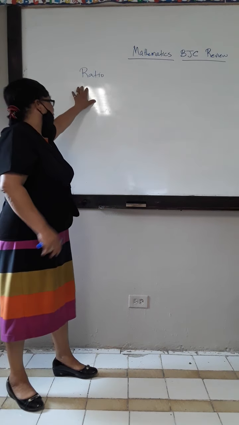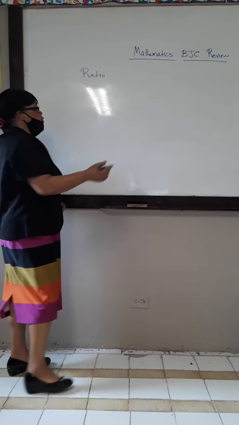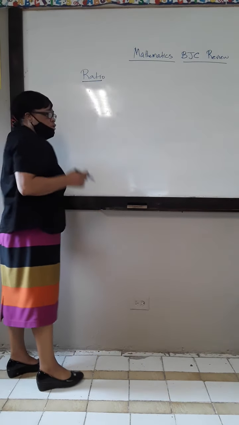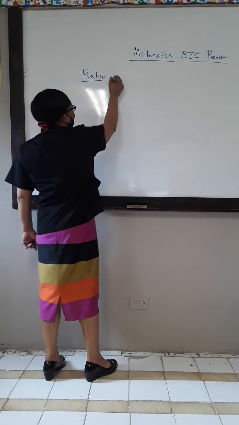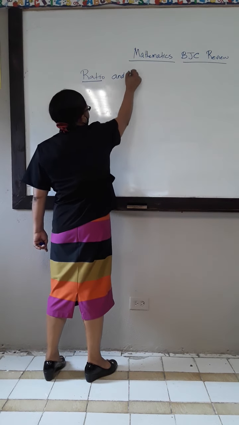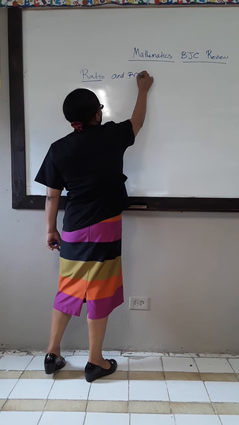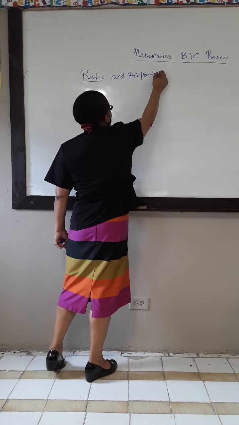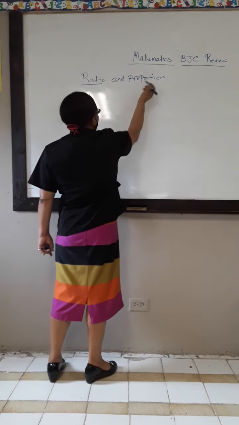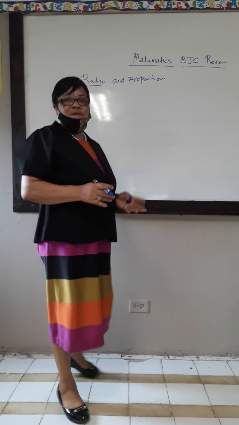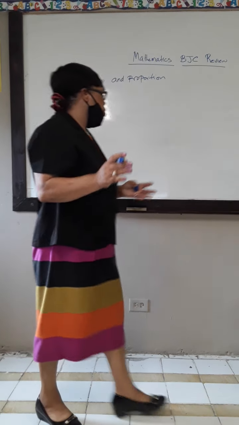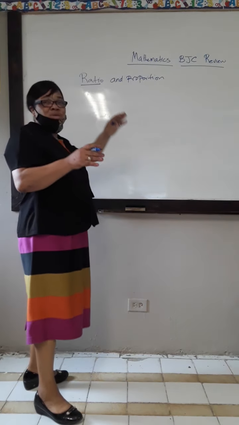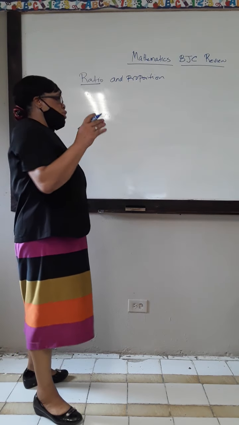So here goes our first maths topic that I'm going to review, and it is ratio. Ratio and proportion. That's what the topic is called. Proportion meaning we're sharing something into different proportions, or we're using a specific ratio to share.